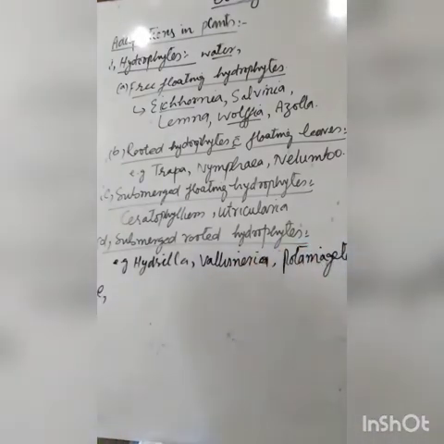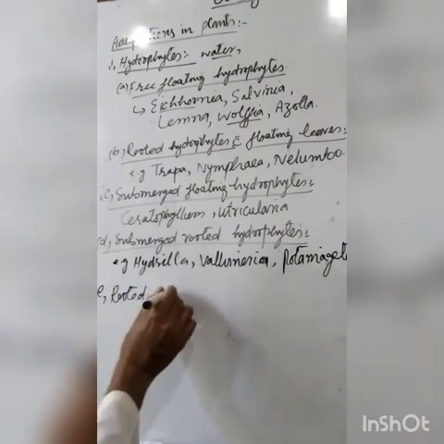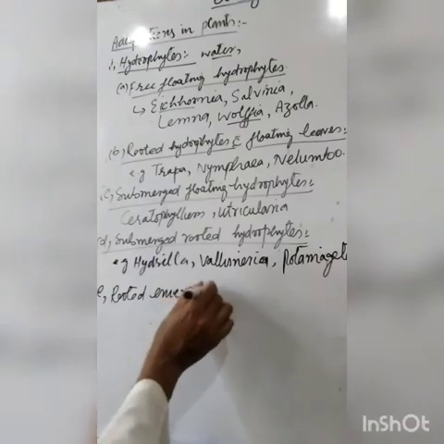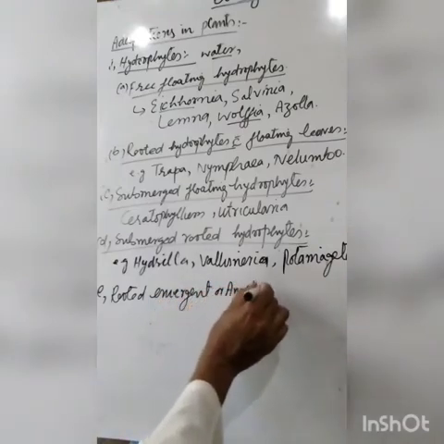There is another type that is called rooted emergent plants, or they are also called amphibian angiosperms.